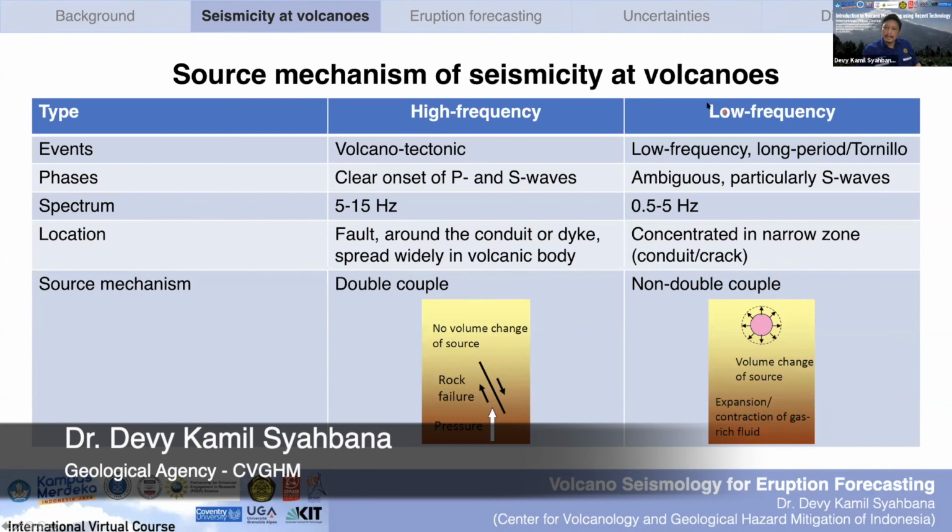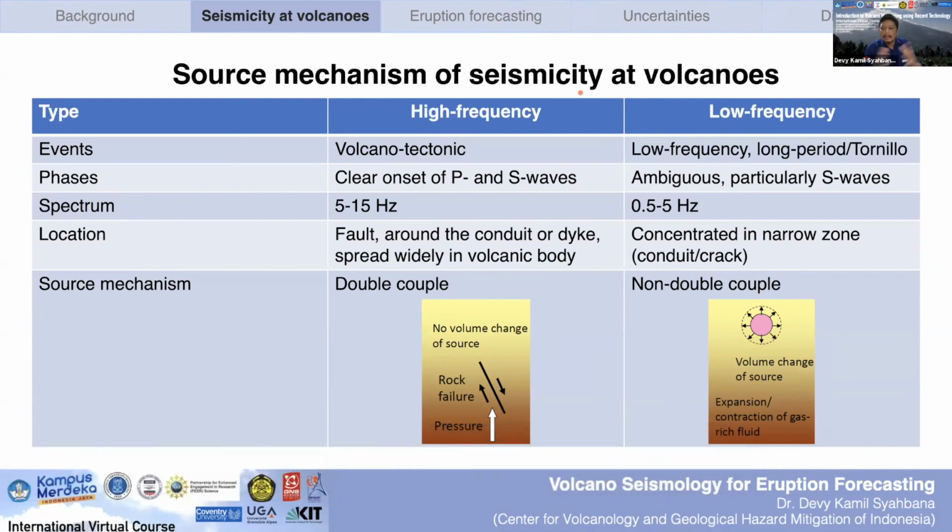And the low frequency event is different. It is a non-double couple. So it's the expansion or contraction of gas-rich fluid inside a narrow zone. So there is a volumetric change of the source, and we monitor this using the low frequency events.